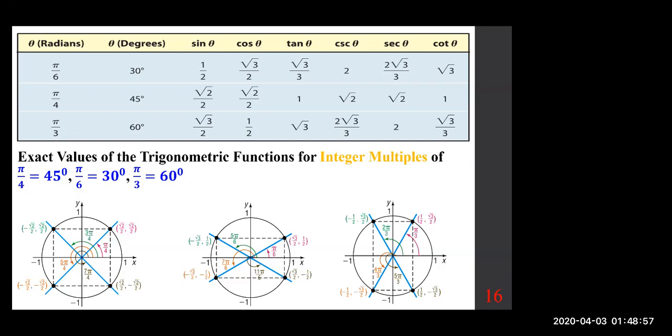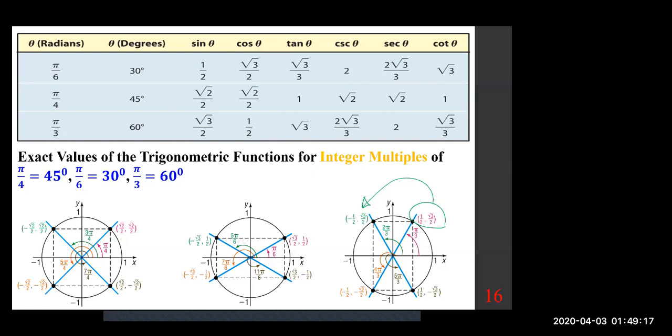Remember, x represents cosine. So if x represents cosine, then in the second quadrant, x becomes negative. Do you see that? If you look at this one, just look at this one and see what happens.